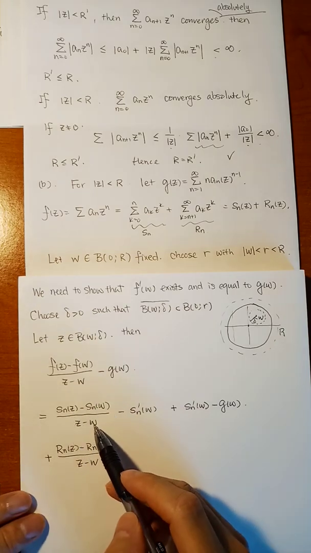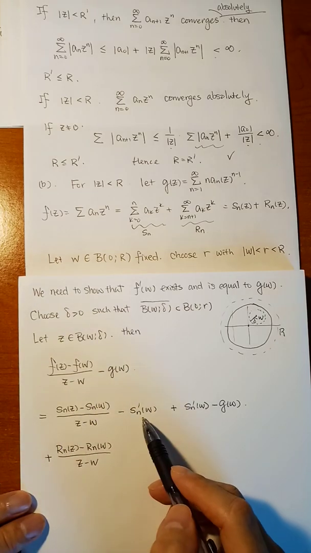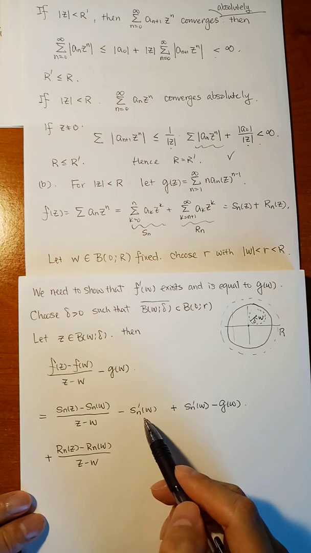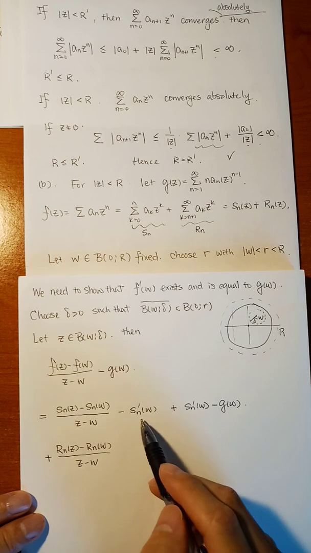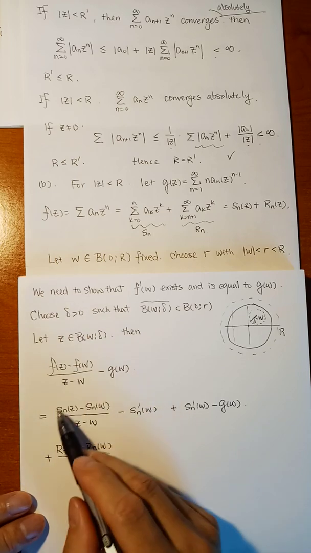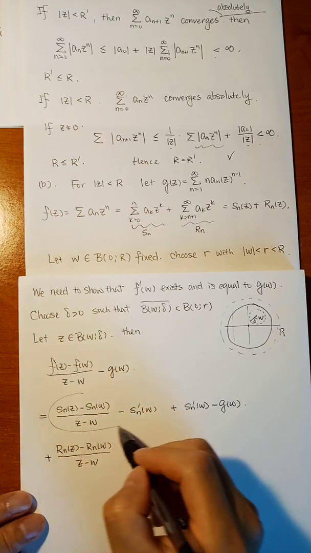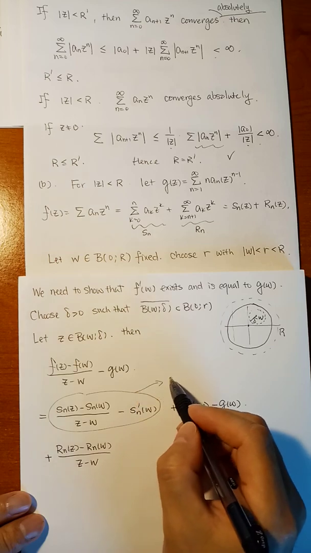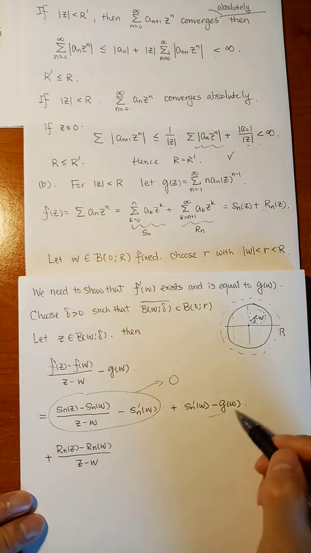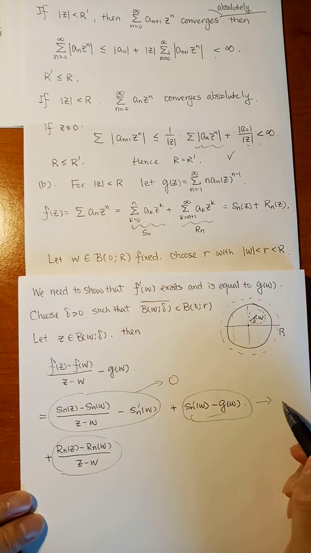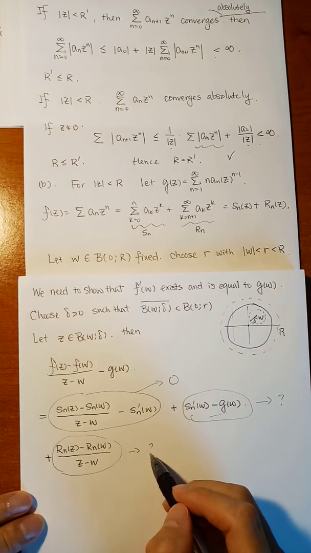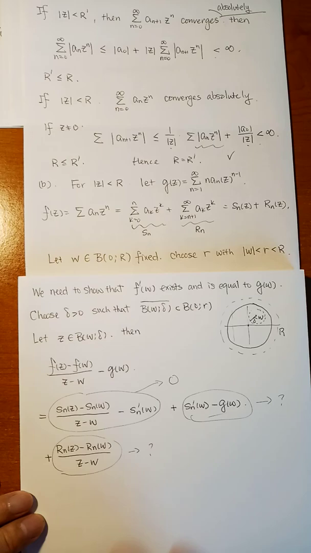If you let z approach w, this is exactly the derivative. The polynomial is differentiable, so its limit is exactly the derivative. So this limit will approach 0. This will disappear. We're going to show all 3 parts will always approach 0. Okay, this approaches 0 for sure, always.